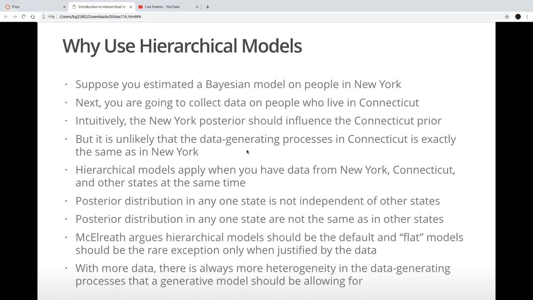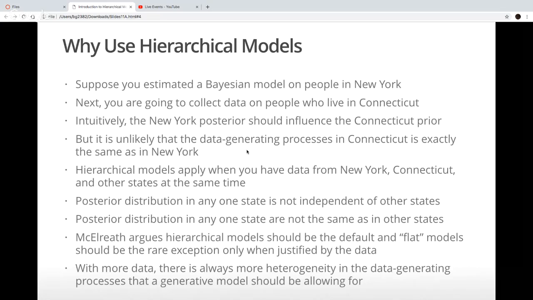Well, what if you get all the data at the same time? Well, a hierarchical model allows the posterior distribution from any one state. It's not going to be independent from the posterior distribution of the coefficients and whatnot in another state, even states that are very different, but you don't have to assume that the posterior distribution of the coefficients is exactly the same in any two states.